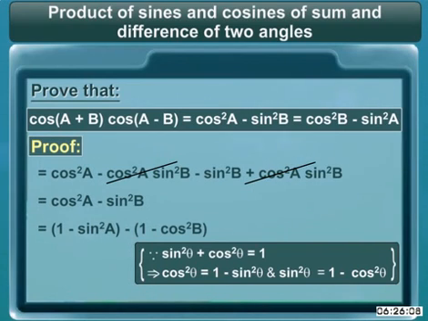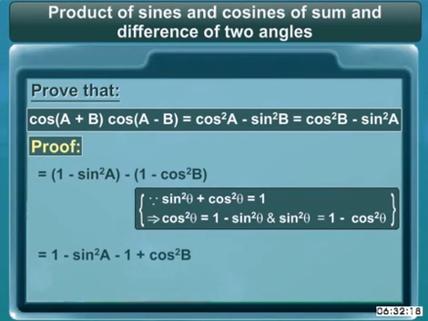We get 1 minus sin square A minus 1 minus cos square B. Now, on further solving this, we get it will be equal to cos square B minus sin square A.